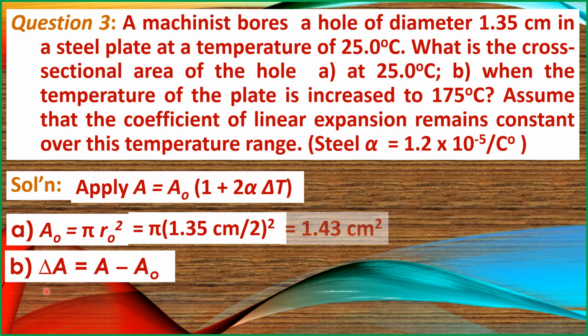For determining the final area of the hole, we will first determine the change in the area, delta A, and that is the difference between A final minus A naught.